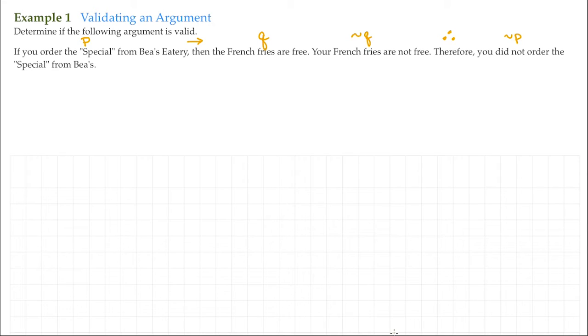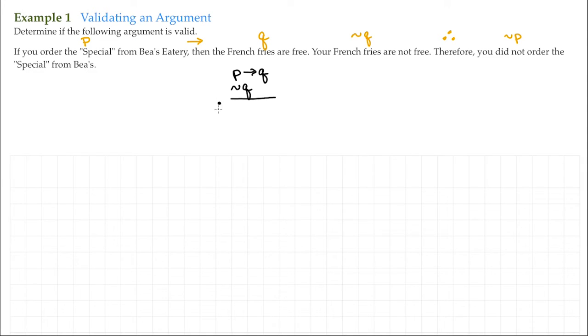And that's our conclusion. So then as we write it symbolically, we write the first premise. If P, then Q. Then we put in the second premise. This one happens to be not Q. And then we separate the premises from the conclusion with this horizontal line.